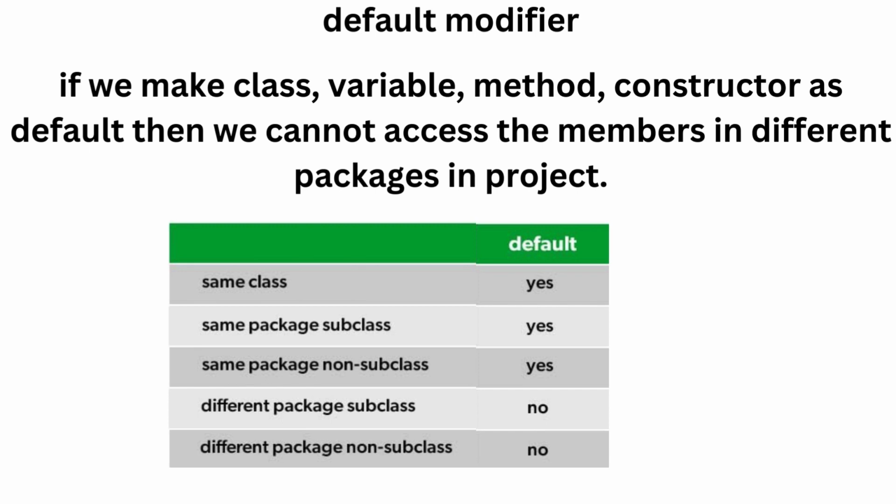If we are not prefixing any variable, method or constructor with any of the modifiers, then we call it the default modifier. If any member is a default member, then it can be accessed within the package only.